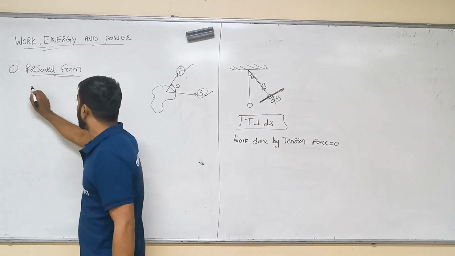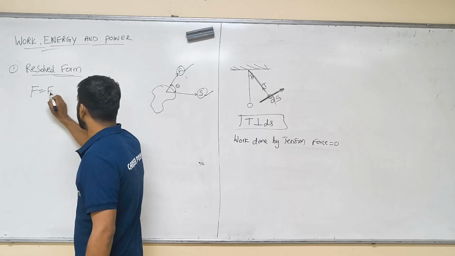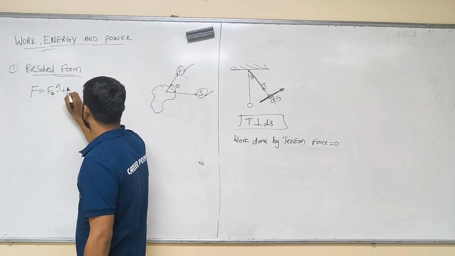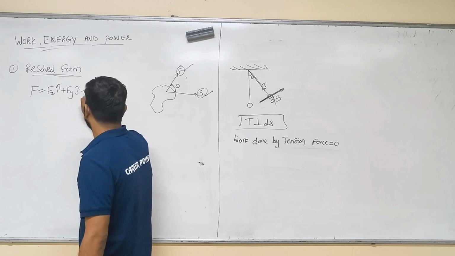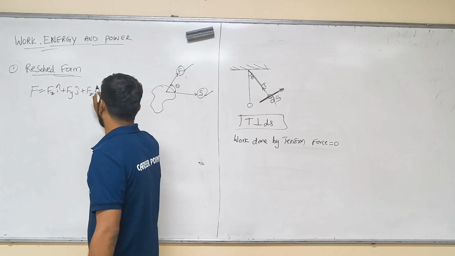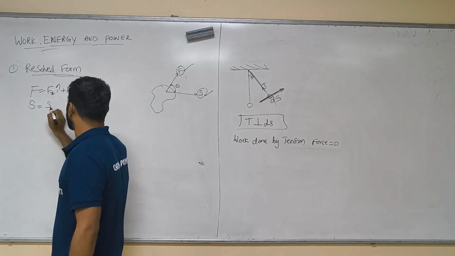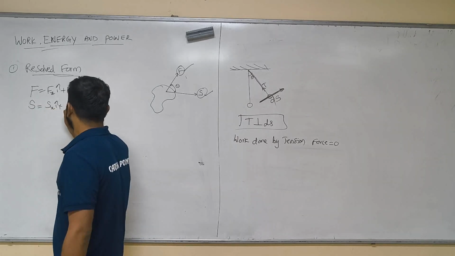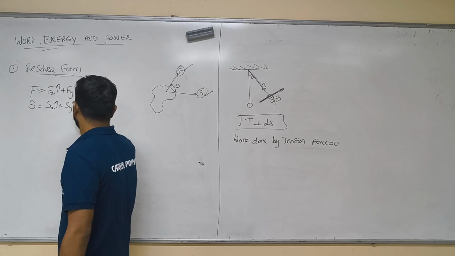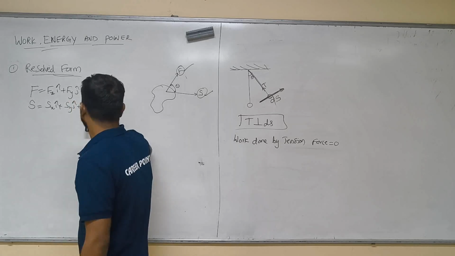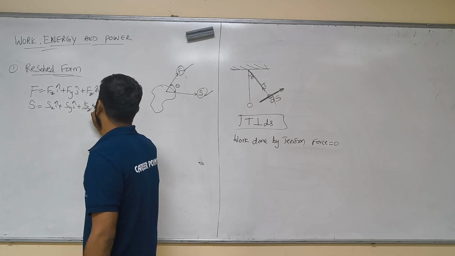So here the force F is equal to Fx i cap plus Fy j cap plus Fz k cap. And the displacement S is equal to Sx i cap plus Sy j cap plus Sz k cap.